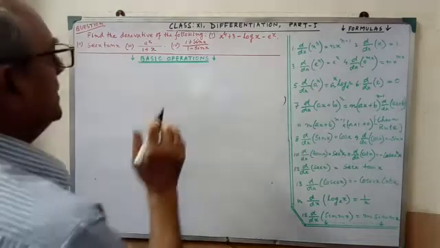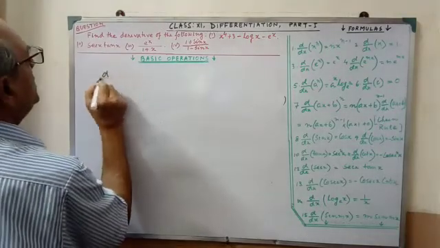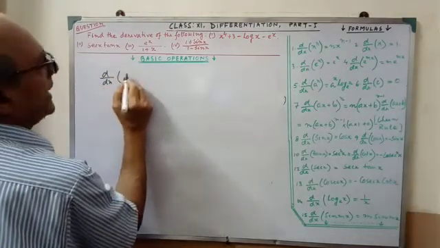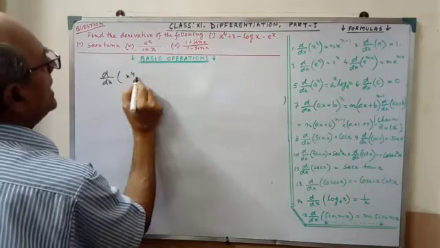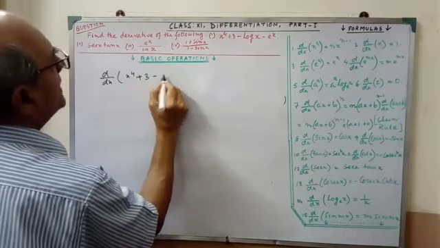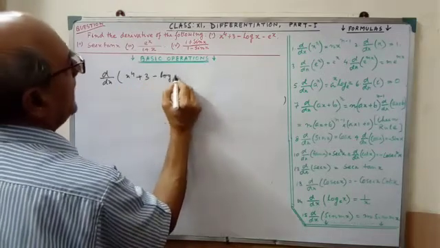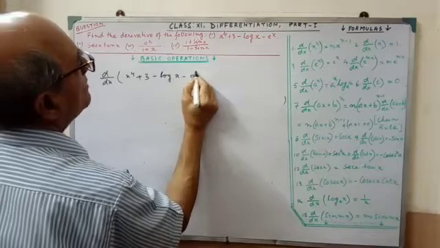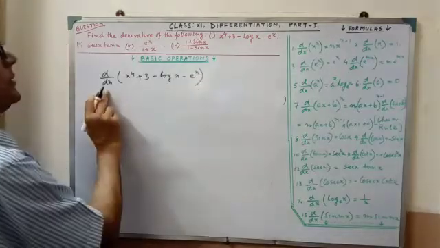Sorry for the interruption. Differentiation d by dx of x to the power 4 plus 3 minus log x minus e to the power x. This is the symbol of differentiation.